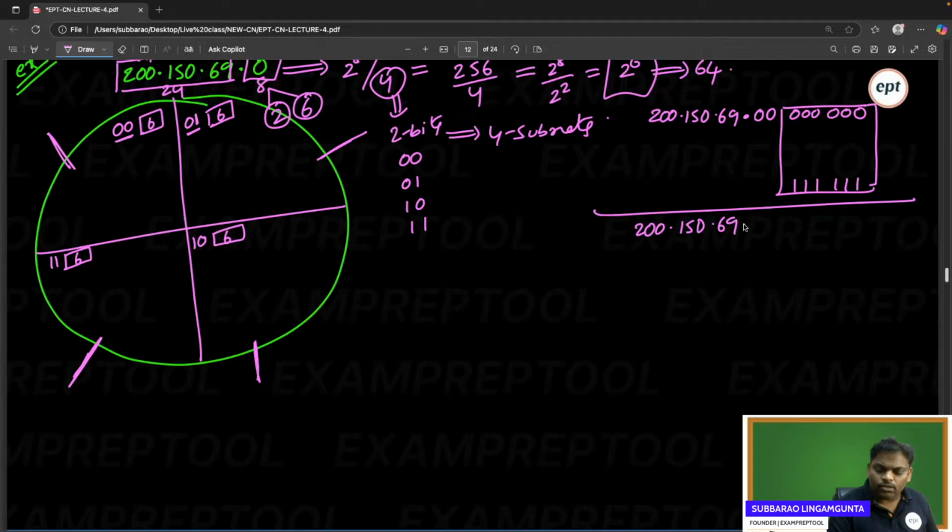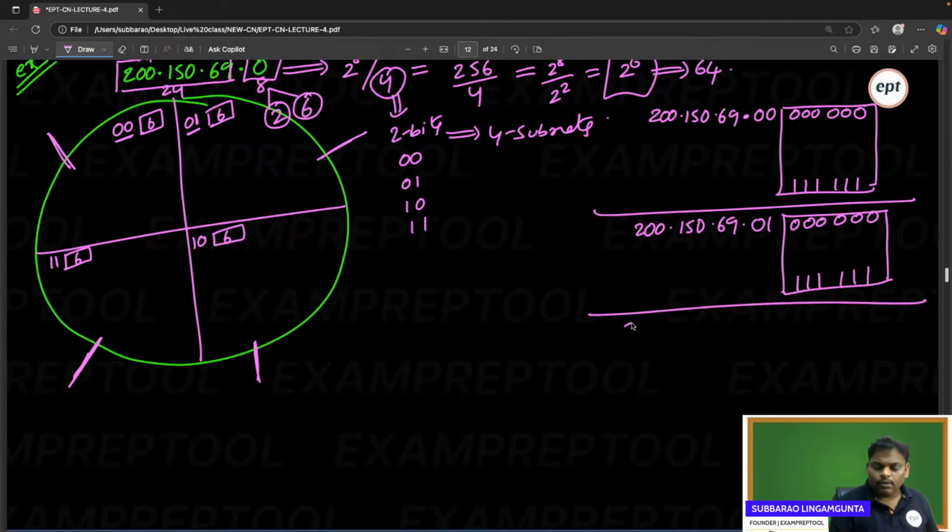Next one: 200.150.69, that is okay, followed by 01, followed by 6 zeros to 6 ones. Then 200.150.69.10 followed by 6 zeros to 6 ones.